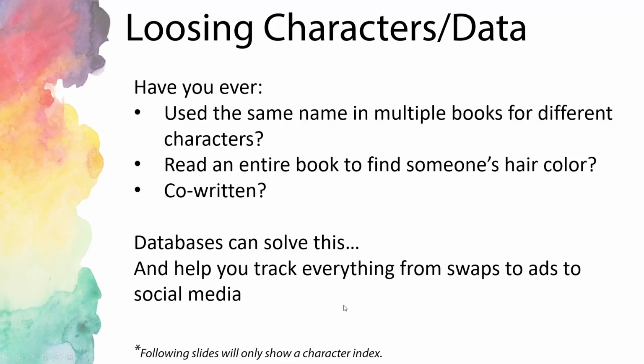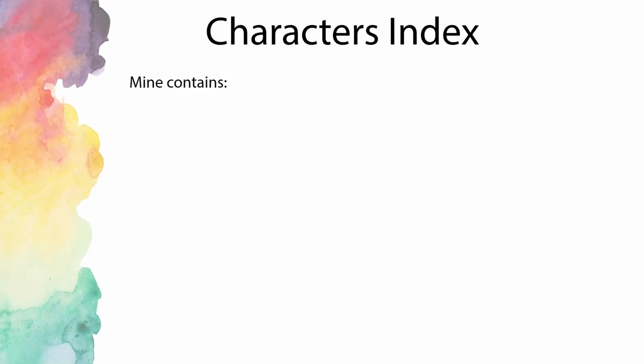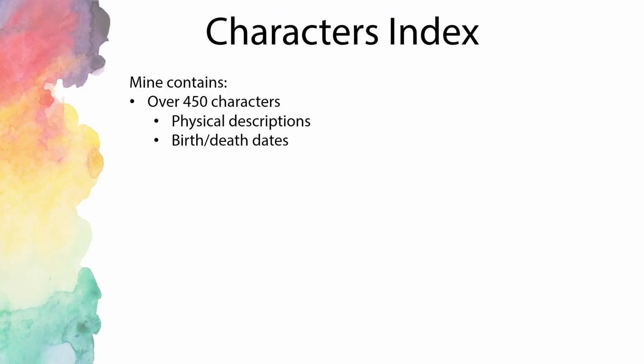I'm only going to be showing you a character index, but know that databases can make everything else easier too. My character index is not a character Bible. I don't keep motivations in there. I do keep track of every single one of my characters that ever earned a name, even characters that never had a bit of dialogue. So I keep their physical descriptions and their birth and death dates, and their age, just relative to other characters, and then notes about them.